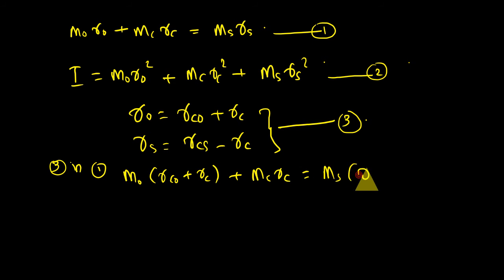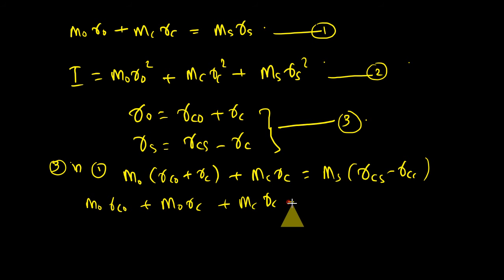RS is equal to RCS minus RC, right? So that is equal to MO RCO plus MO RC plus MC RC is equal to MS RCS plus MS RC, okay?